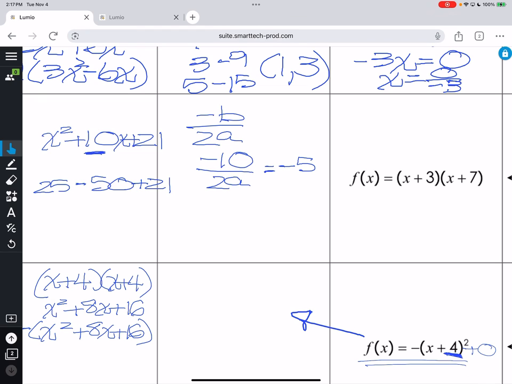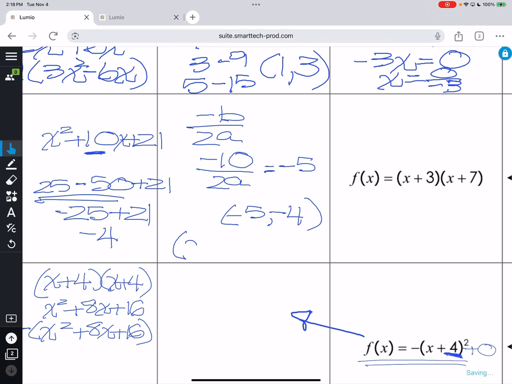What's negative 25 plus 21? -4. So what would your vertex form be? Positive 5, -4. X plus 5 squared minus 4.